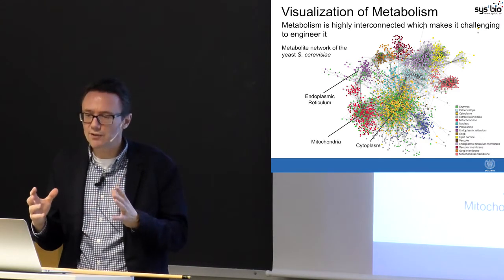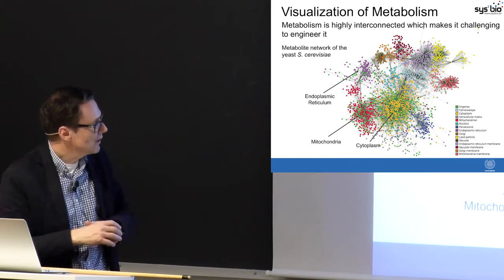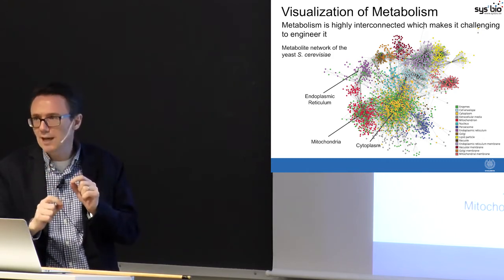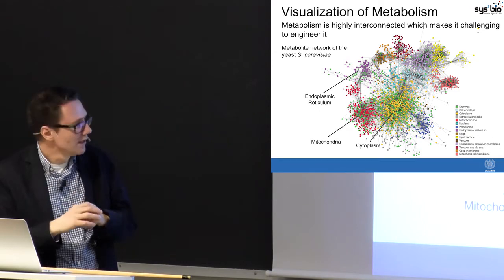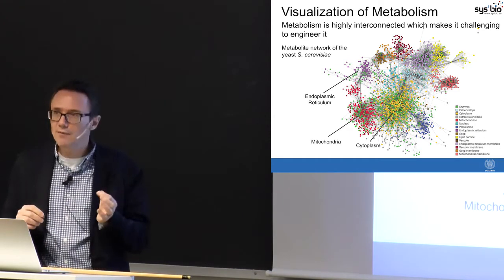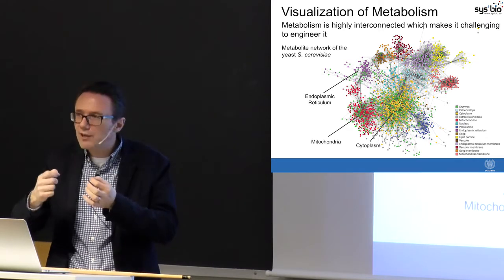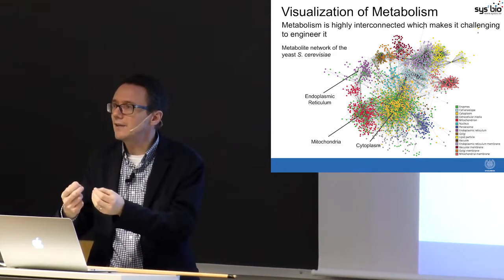Metabolism is highly interconnected. And this is illustrated here, where we have plotted all the different enzymes, as well as the different metabolites that these enzymes are catalyzing the interconversion of. But because many of these metabolites are used by many different enzymes, suddenly two enzymes that may be very far away from each other in metabolism are getting highly connected.